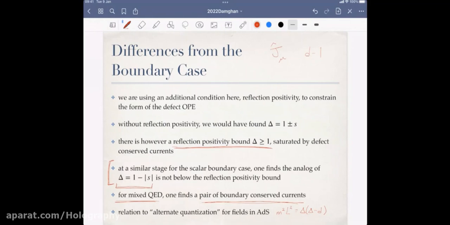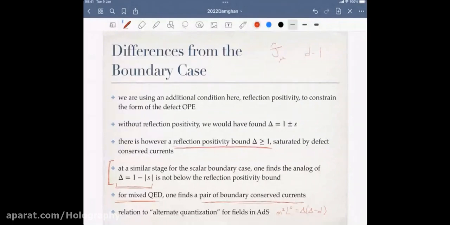It's precisely the same kind of condition. In this particular case, we only have the one quantization. Everything else is below the Breitenlohner-Freedman line, or is below the unitarity bound. Whereas for the scalar, there's an additional choice of scaling dimension in the boundary case.